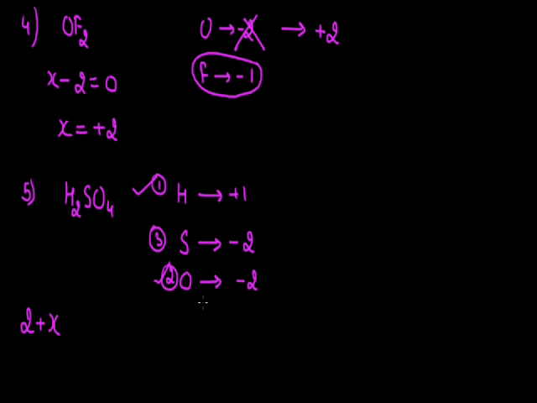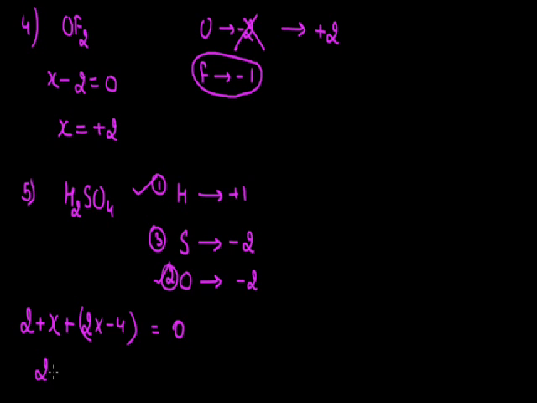Oxidation state of oxygen is generally -2. Since 4 oxygen atoms are there, the total oxidation state will be 4 multiplied by -2, and the value will be -8. The sum of the oxidation states of all these is equal to 0, according to the second rule.